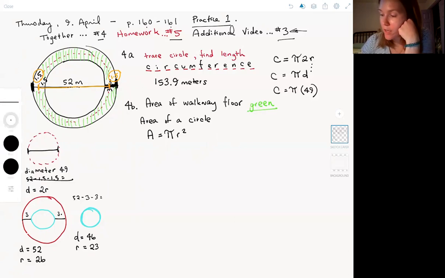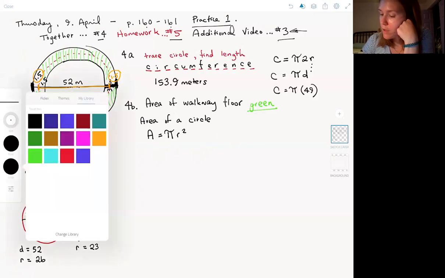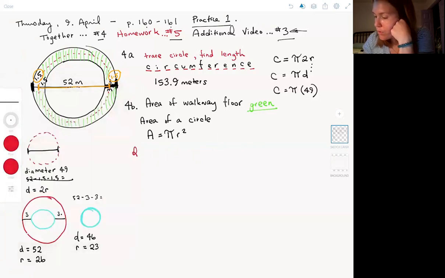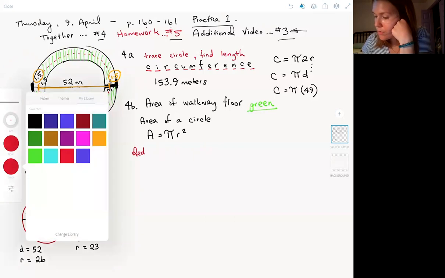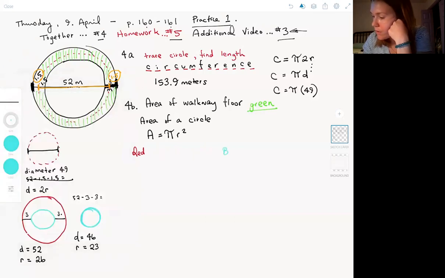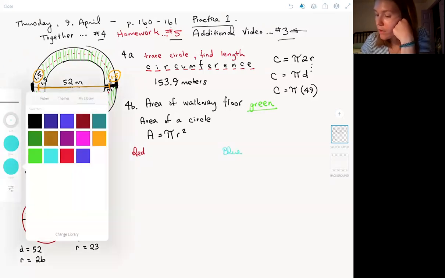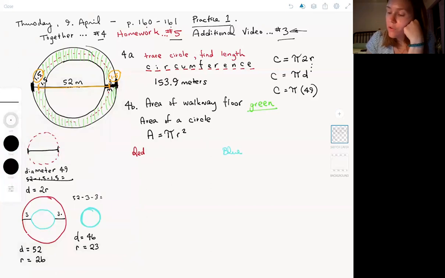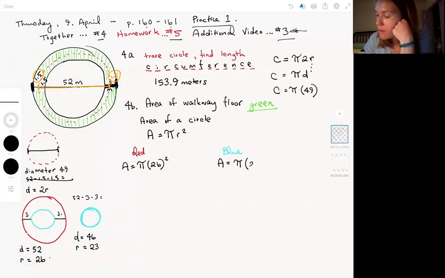So we're looking for the area of the red circle, and then also the area for the blue circle. Let's do the red circle first. So the equation is A equals pi r squared, and the area for this one is going to be pi r squared.